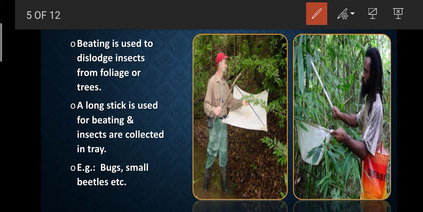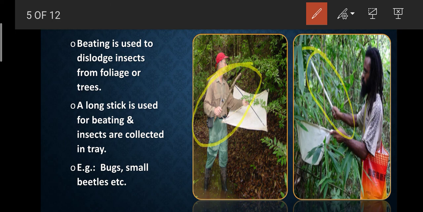In this beating method, the collector can use either a stick or a pipe to dislodge the insects, or to remove the insects from the twigs of trees or any foliage, by beating that stick in a downward direction. Just after beating, you can collect the insects into a tray or a particular net.